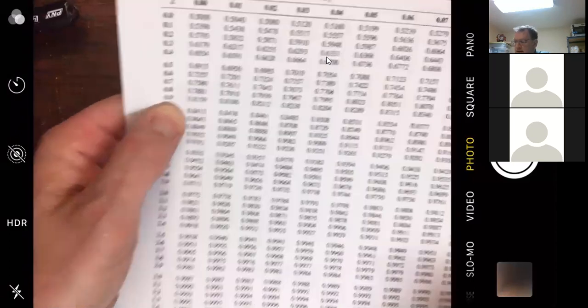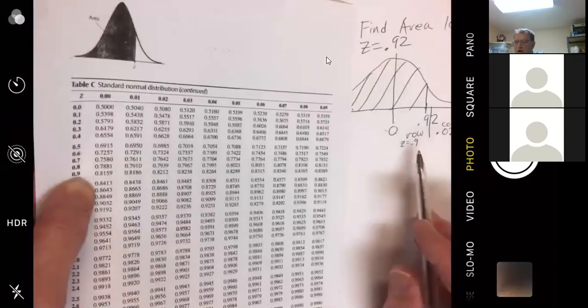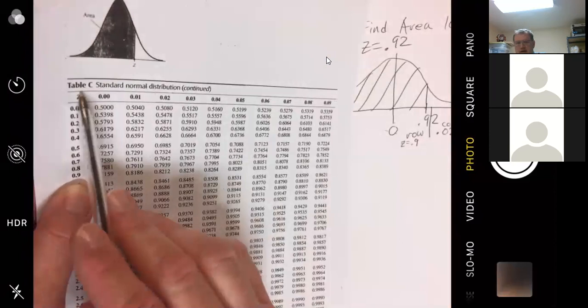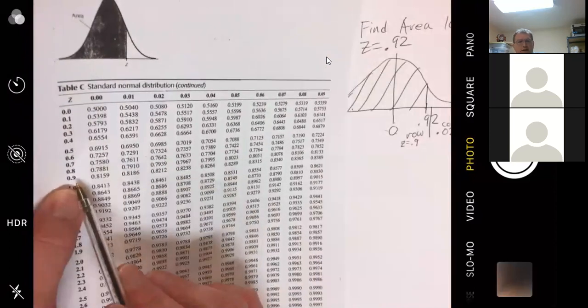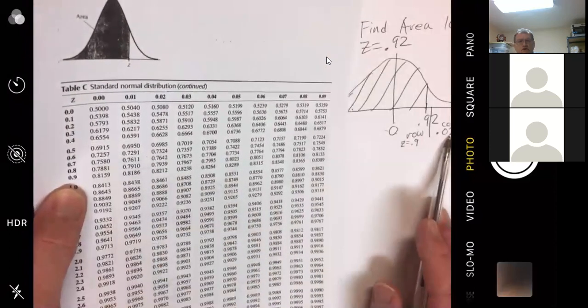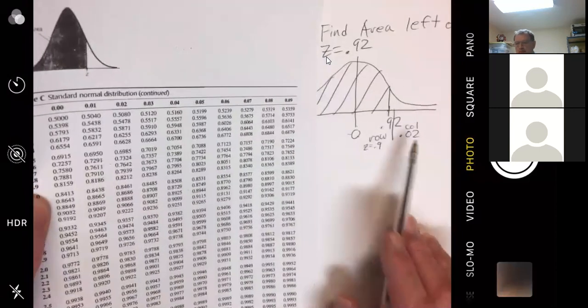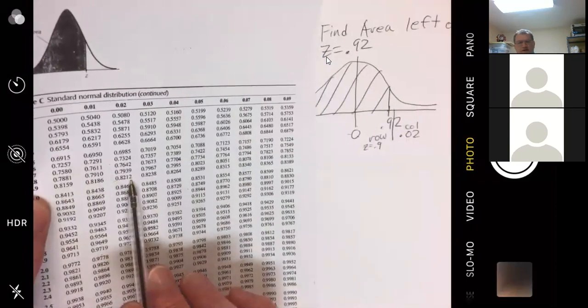You want row 0.9, so you come down the z to row 0.9, and you want the 0.02 column: 0.8212.